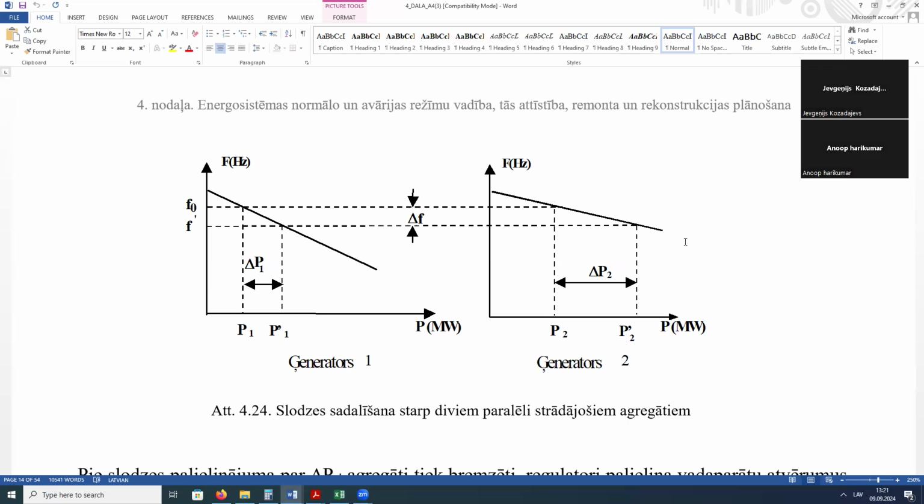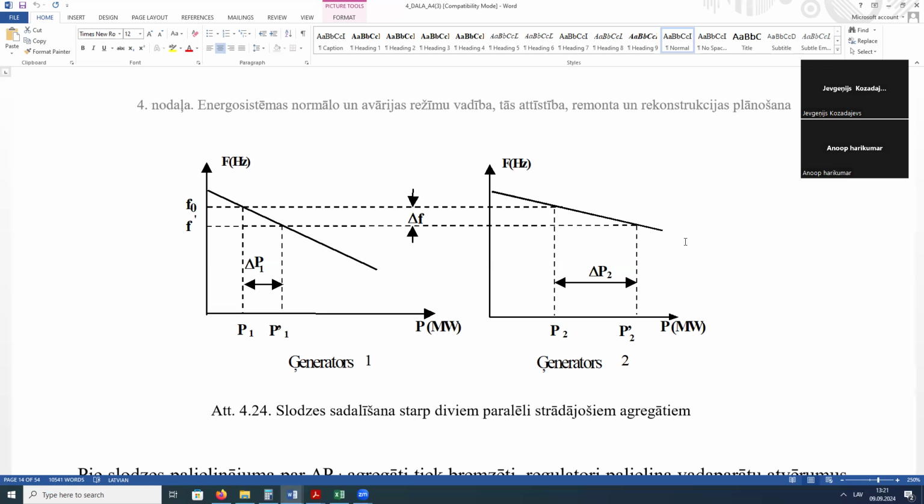But if we want to know what will be the total reaction of all the generators to the frequency deviation, for example, if we drop the frequency by 50 millihertz.